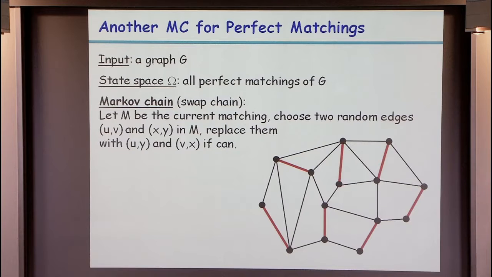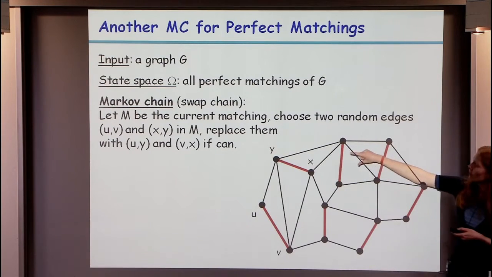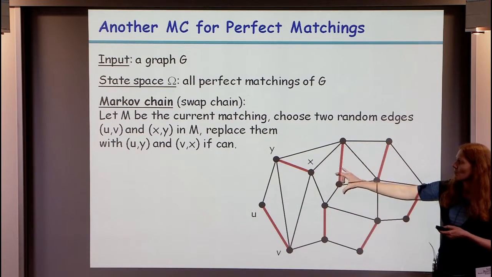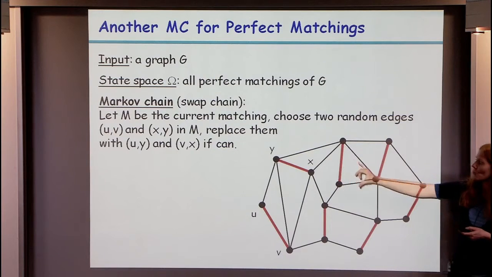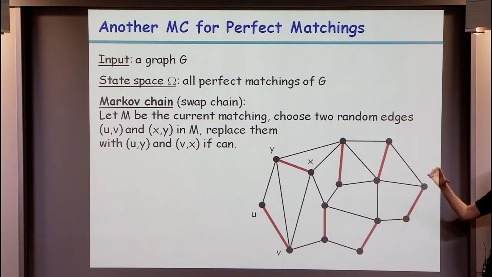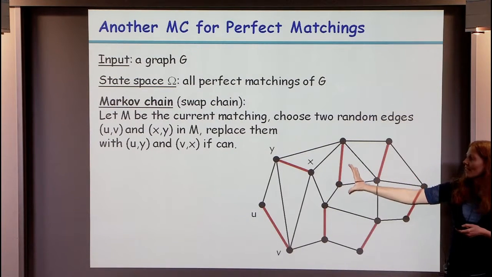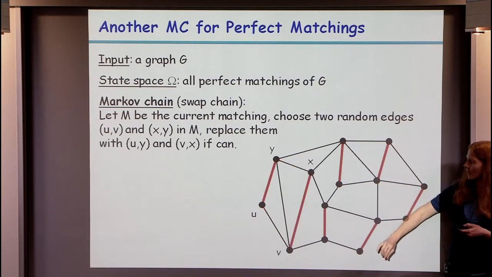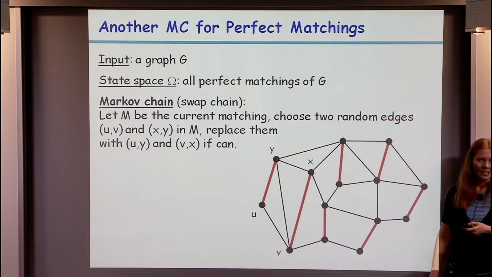Well, choose two random edges, like these two. I am choosing them, giving the vertices names, because based on which vertex is chosen as the first and which as the second, that's how I'm going to do the swap that I'm about to describe. So now, choose two random edges and swap, okay, like this.